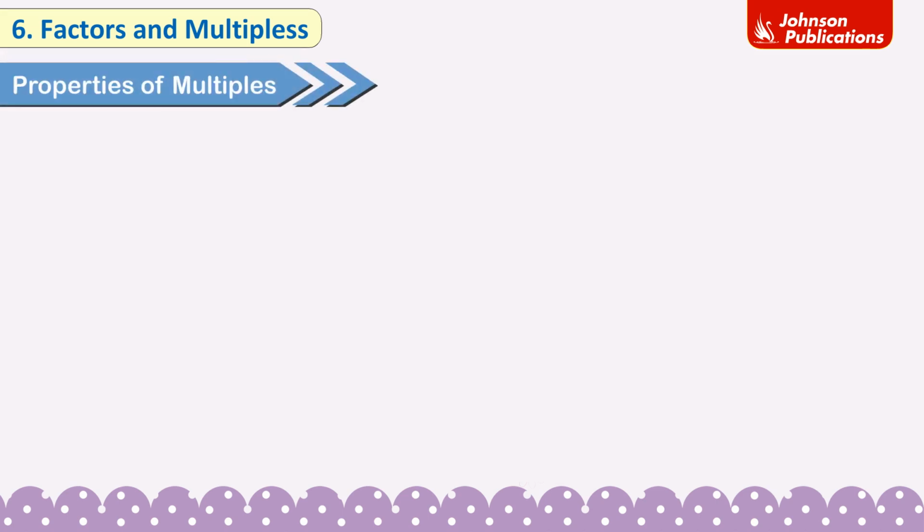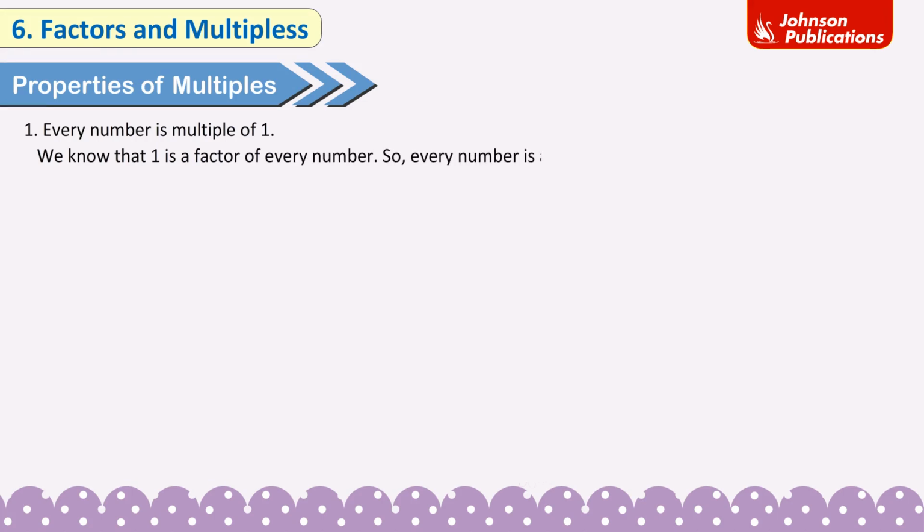Properties of multiples. Number 1. Every number is a multiple of 1. We know that 1 is a factor of every number. So every number is a multiple of 1. Number 2.